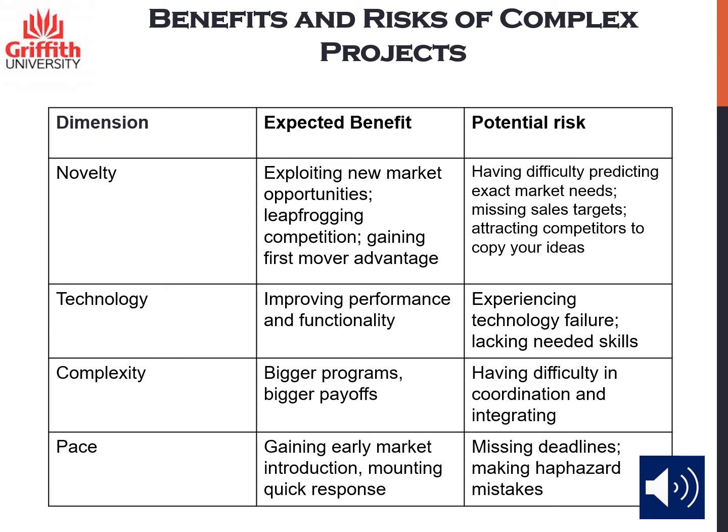Each dimension of the diamond model represents a different type of risk and benefits. Regarding novelty, for example, highly novel projects create big opportunities for business, for example, new markets or being the first in the market, but also represent larger risks, such as, for example, recovering the initial investment, or attracting quickly many customers.